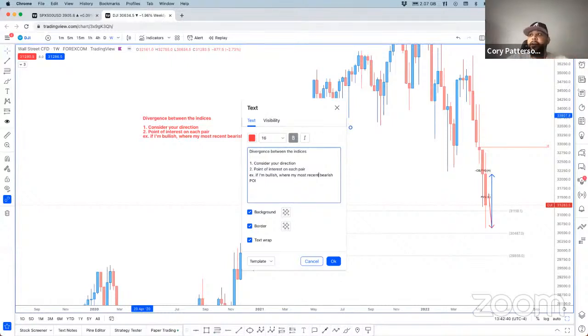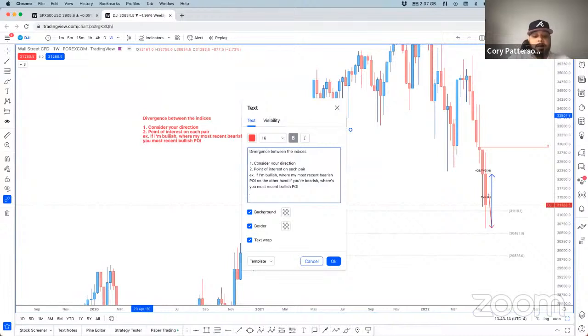And then if you're bearish, on the other hand, where's your most recent bullish point of interest, right?